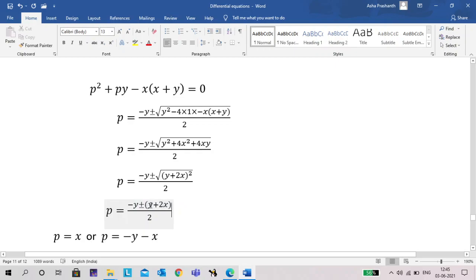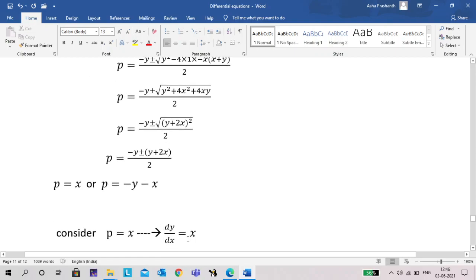That minus is applicable to both, right? So if you take 2 common outside, the 2 gets cancelled, and you get minus y minus x. Okay, we are getting two factors: p is equal to x and p is equal to minus y minus x.